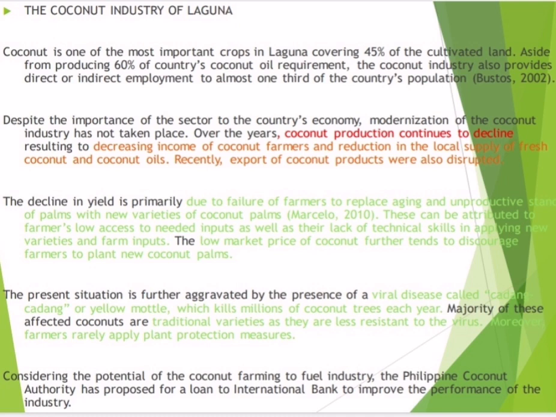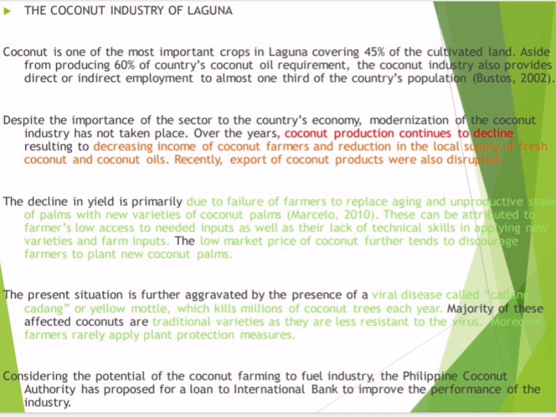Moreover, farmers rarely apply plant protection measures. So, if you read the fourth paragraph, it gives justification that the present situation of the coconut industry is further aggravated by the viral disease called kadang.